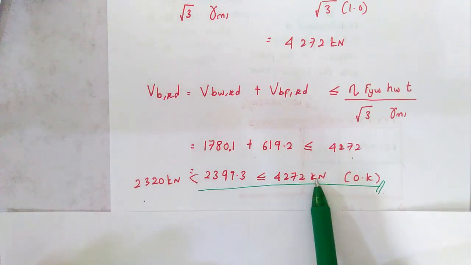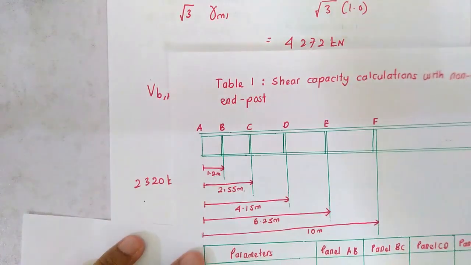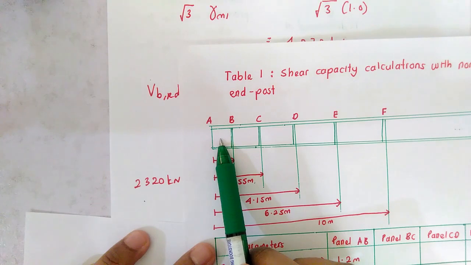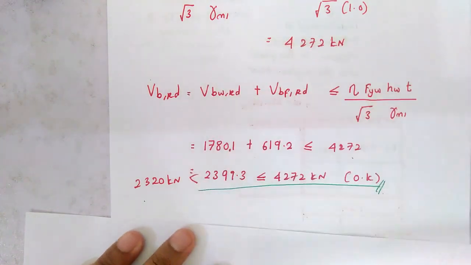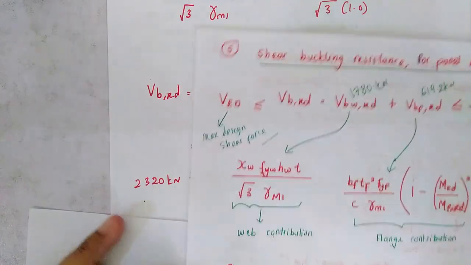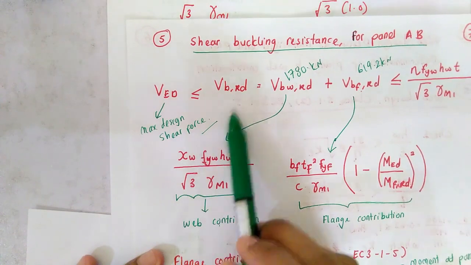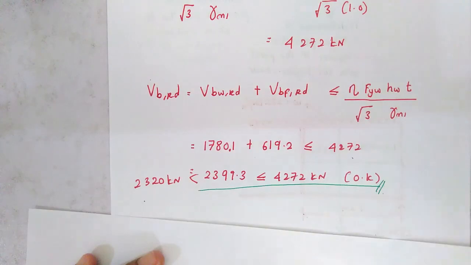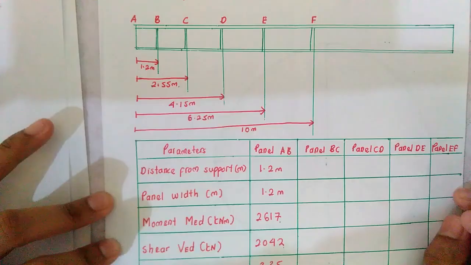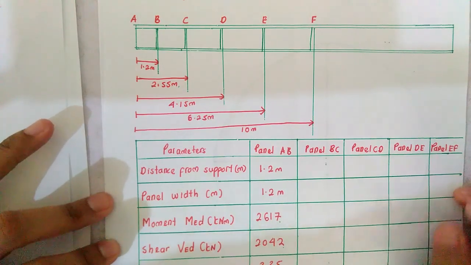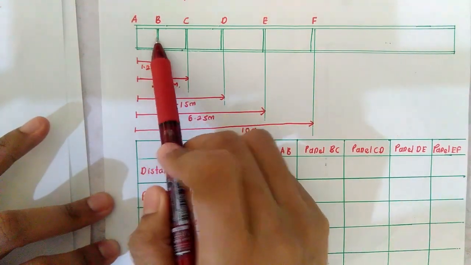Thus, for panel AB, you can confidently say that it can resist the shear buckling because it has complied with these equations. We have completed the shear buckling resistance check for panel AB.